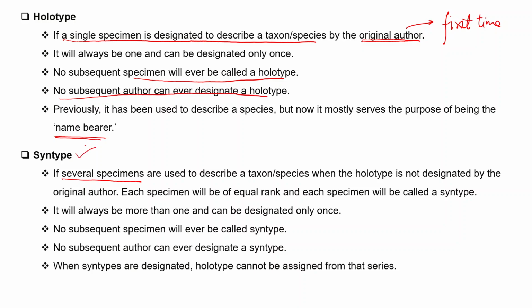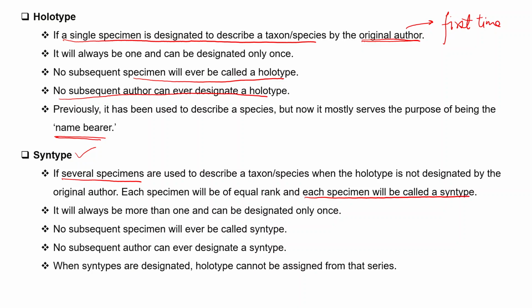And remember, you may have several specimens in a syntype. Therefore, it is called a series of syntypes. There, no two specimens are considered superior or inferior. They all are of equal rank, and therefore each specimen will be called a syntype.